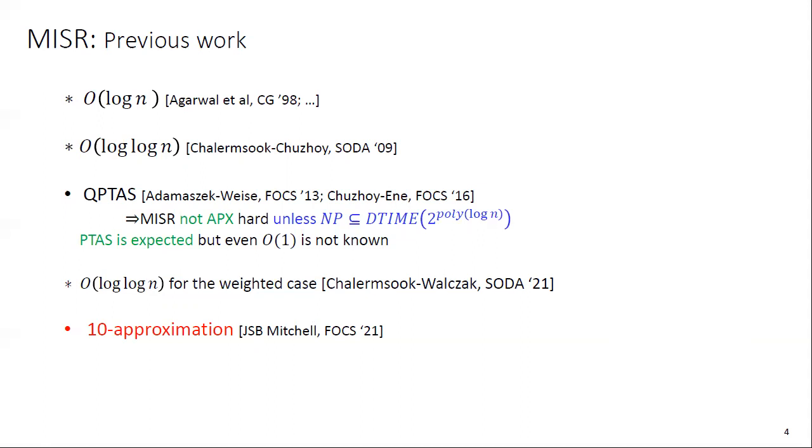It cannot be APX-hard unless some well-believed assumption of theory is disproved. So we expect a PTAS for the problem of rectangles, but at this time, not even a constant approximation is known.